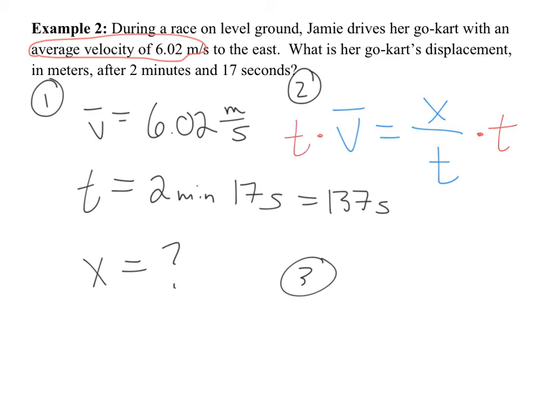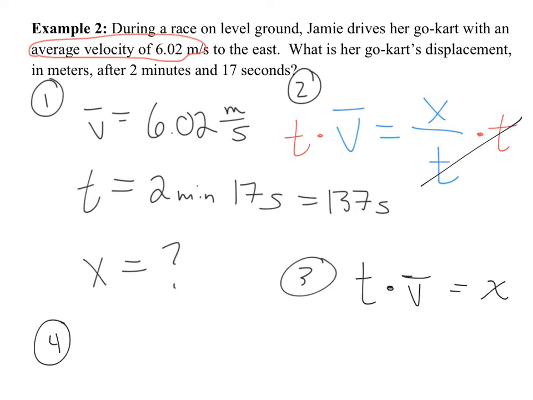What happens to time on the right-hand side? Cancels out. Giving me the formula I'm going to use, which will be x equals, and I'll just leave it the way it is, but the order doesn't matter, t times v bar. So that is what we call our generic solution. So we've got our givens, our original formula to use, and we solve that for our generic formula.